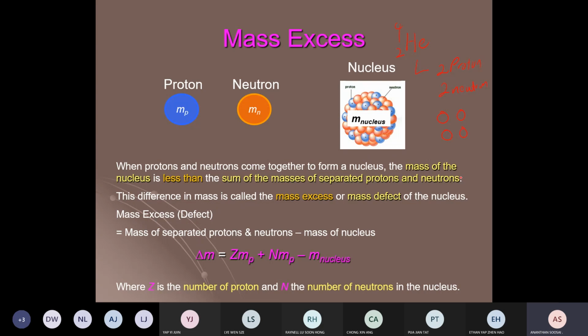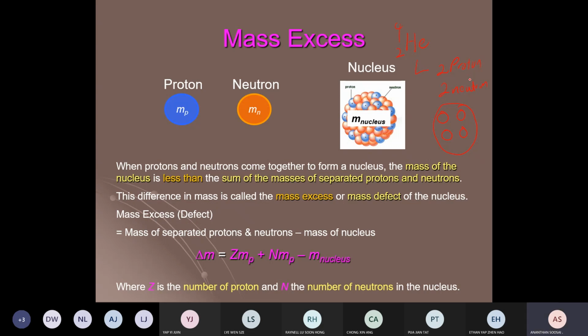nucleons. When the 4 nucleons combine to form a helium, they found that the mass of the helium is slightly smaller than the mass of the 4 nucleons. So there is some mass difference.